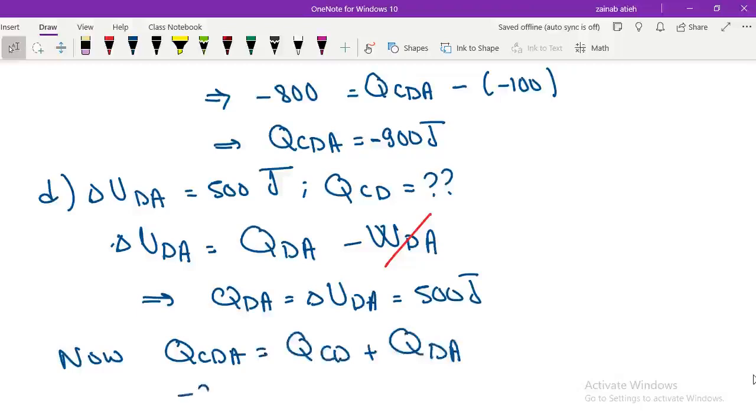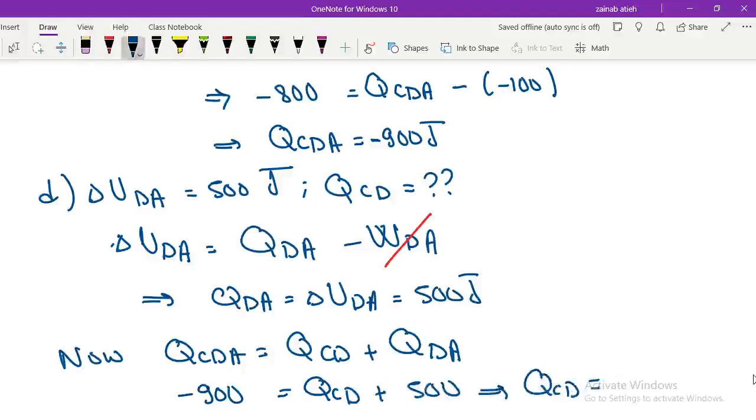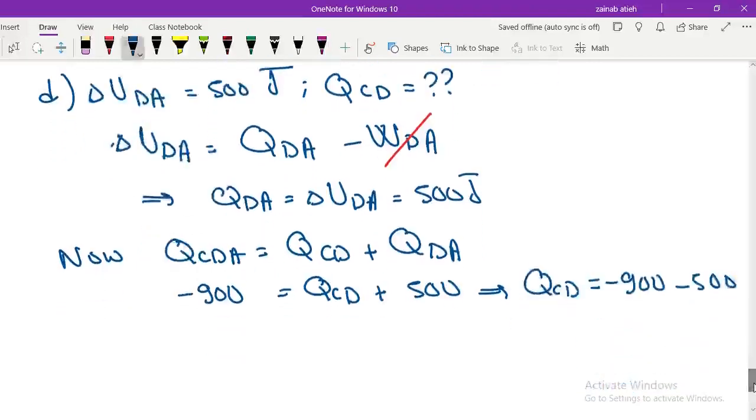Okay, I calculated it as minus 900 equals QCD plus 500, so I will get QCD equals minus 900 minus 500, which will give me minus 1400 joule for sure. So this is QCD.